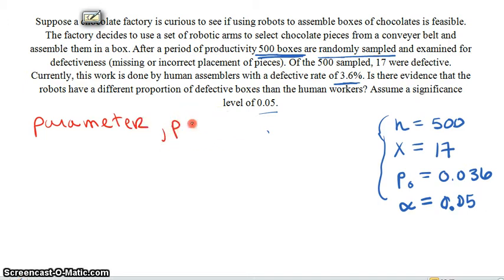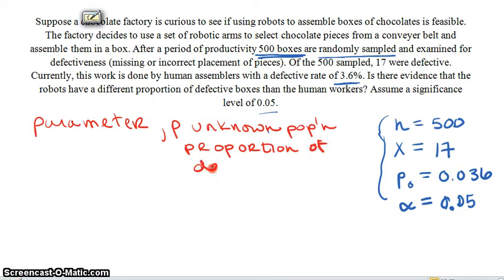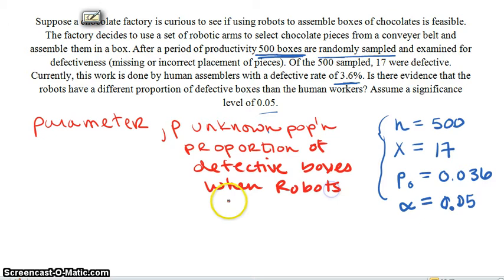This is the unknown population proportion of defective boxes when robots are being used. This is the thing that we want to test.